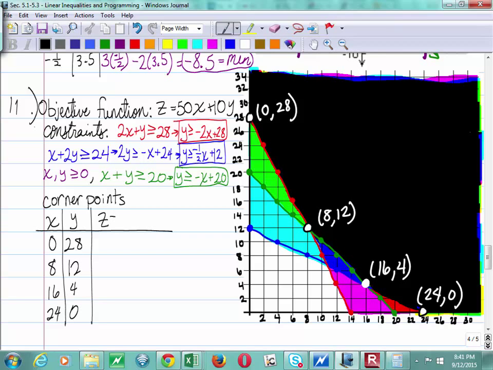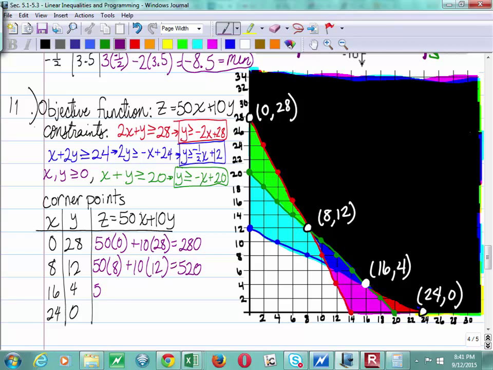Alright, then I'm going to plug those each into the objective function, which is 50x plus 10y. So 50 times 0 plus 10 times 28 is 280. And then 50 times 8 plus 10 times 12, that would be 400 plus 120, so that'd be 520.